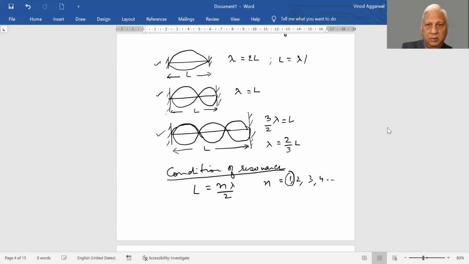Here L is equal to lambda. Here L is equal to 3 by 2 lambda. So N keeps changing and you will get different overtones. For N equal to 1, the wave we get is called the fundamental wave, or fundamental frequency.